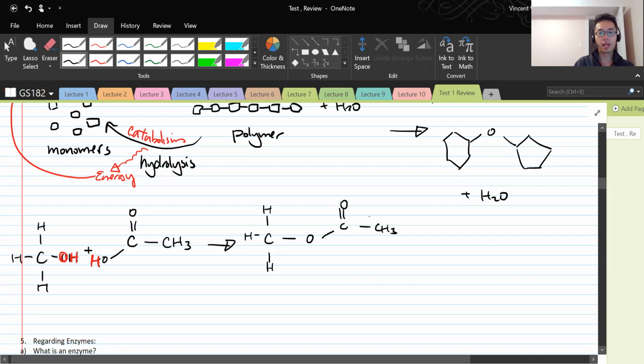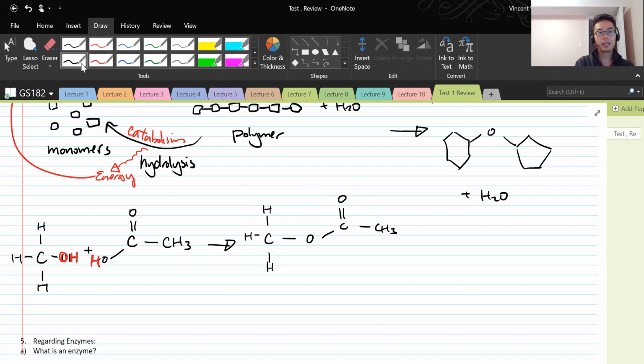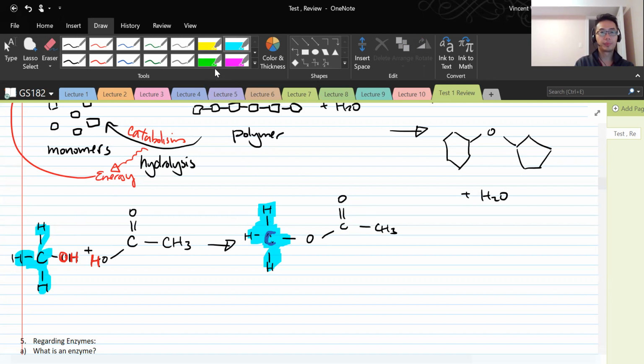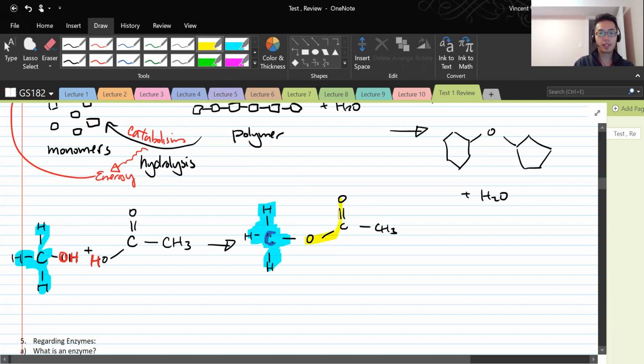You learn the names of these things in chemistry next semester. So you can see this part here, sorry, maybe I'll just highlight it. This part here is really from this molecule, and then the rest of it is from here, right?